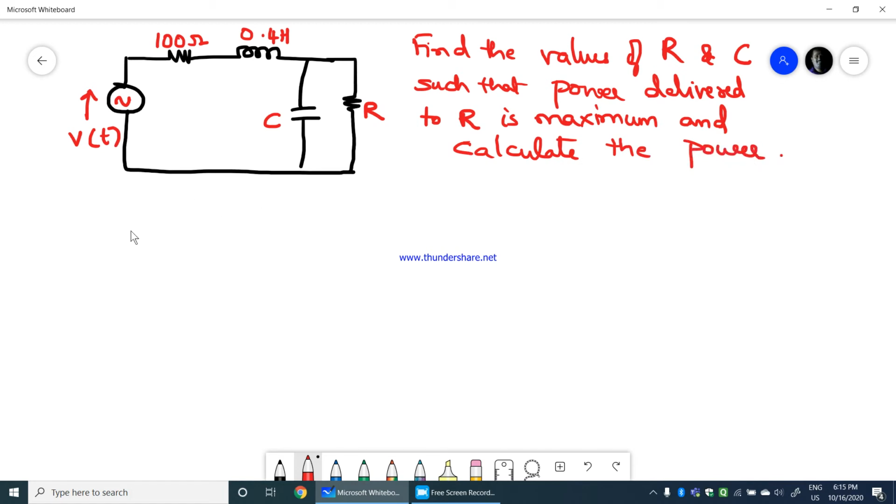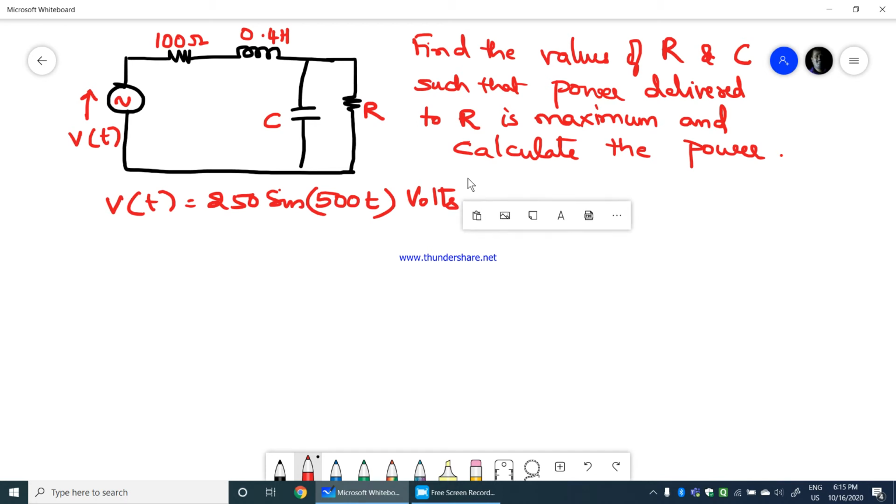Now V of t is given in the question, which is 250 sine 500t volts. Okay, this is the question. You need to find out what the C and R values are, such that V of t is already given.